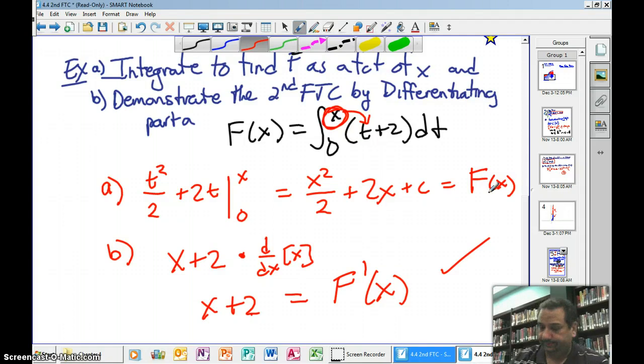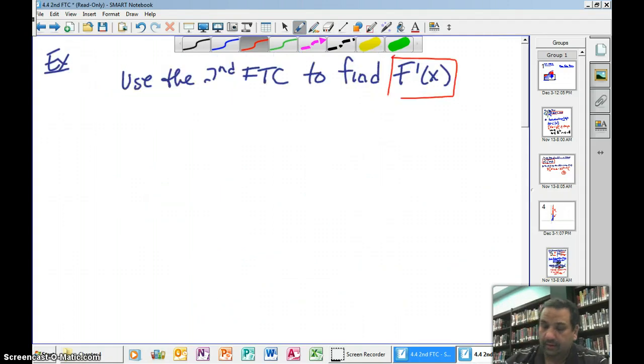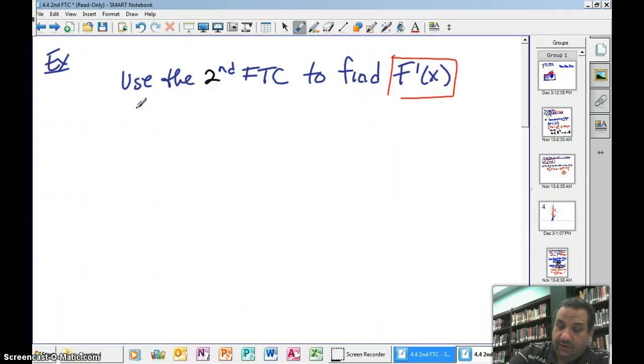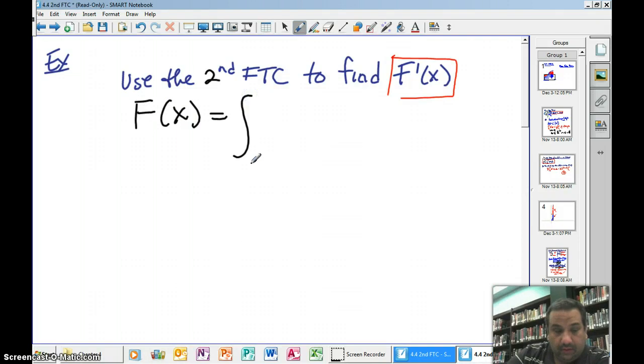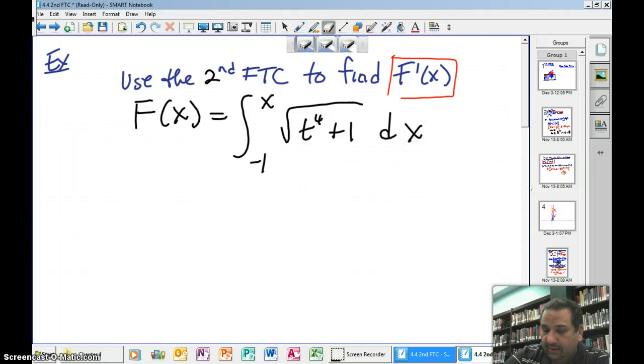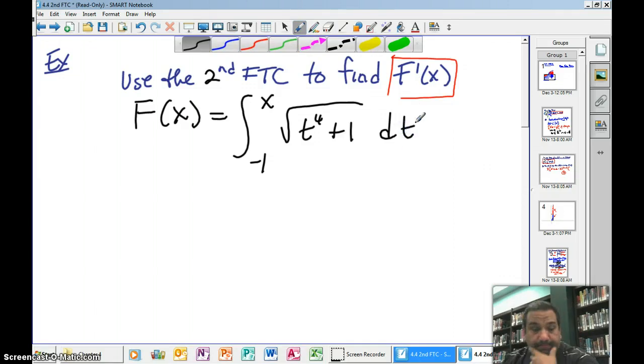Let's do another one. Let me give you a function in black so you know it's something that was given. It's the second. The function is F of x equals the integral from -1 to x of the square root of t to the fourth plus 1 dt.